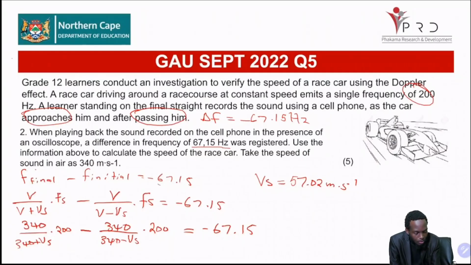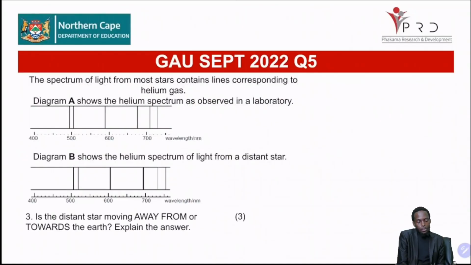Had a difference of this much. This is why I set up this equation to say the final frequency, which is the frequency when the sound source was moving away, subtract the frequency when the sound source was moving towards, must be equal to negative 67,50. Okay.